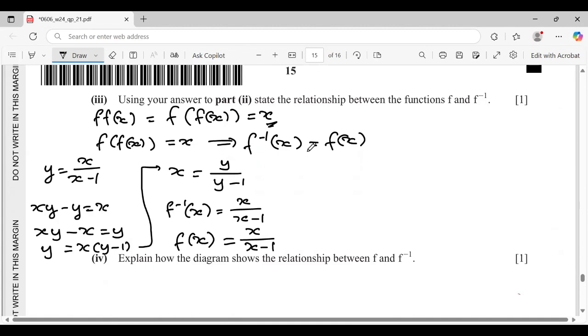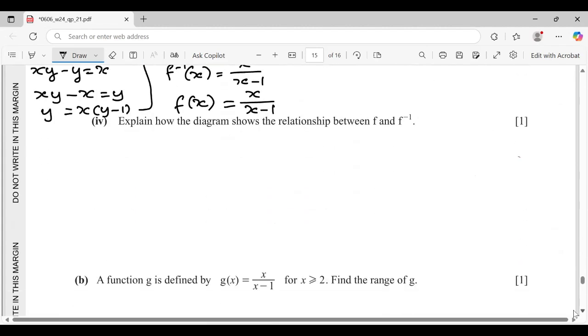So we can call this type of function an involutive function. This is an involutive function, when f inverse is the same as f(x).